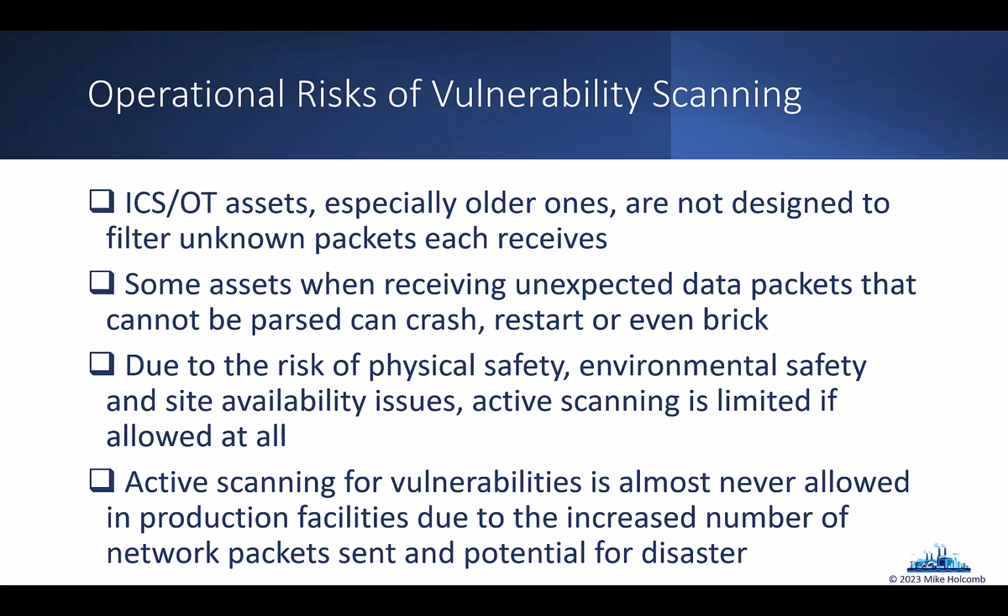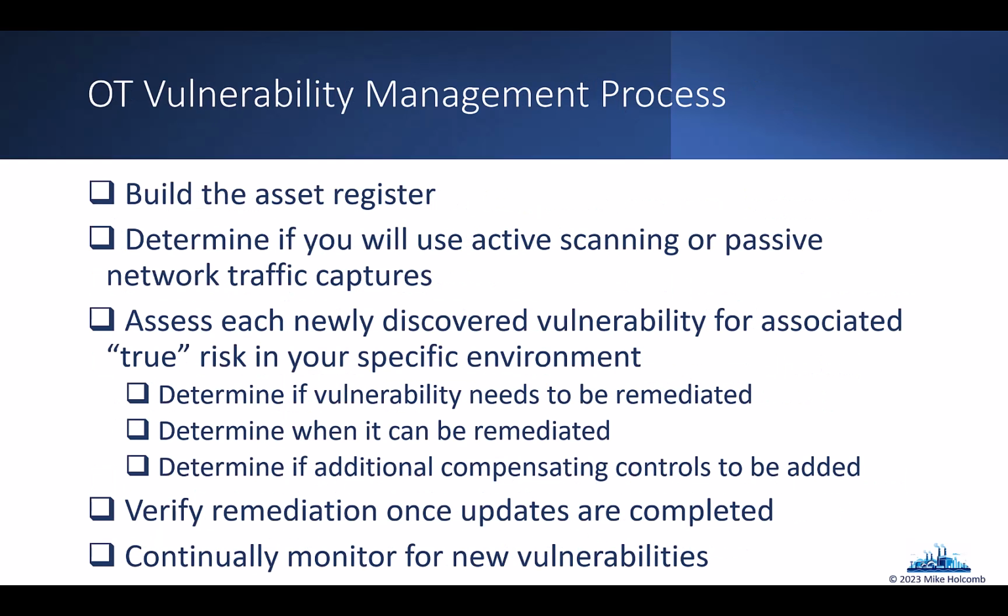Because A, again, physical safety, environmental safety, and the availability of the site doesn't rely on the data historian. B, if it did crash, I've got another one I can replace it with pretty quickly. It's not the end of the world. So typically, though, active scanning is going to be outlawed, at least for the traditional ICS OT assets in an OT environment. Those higher levels of the Purdue model, not necessarily, and we'll come back and talk about that.